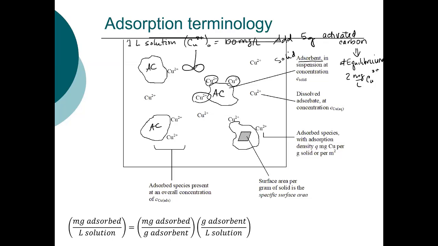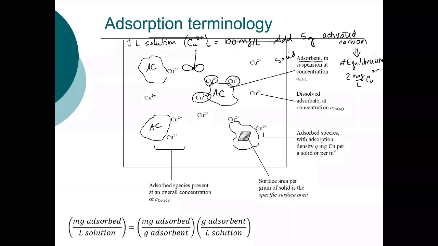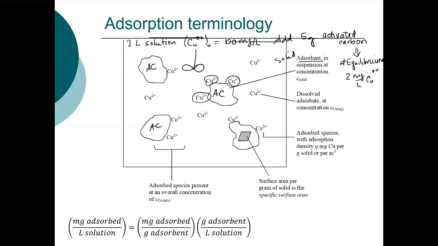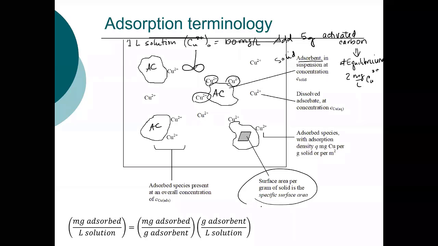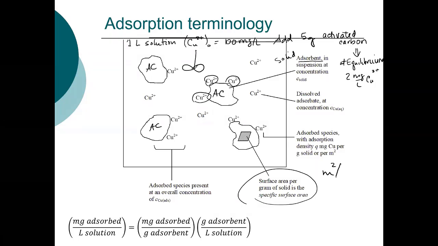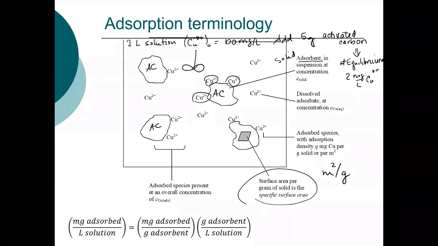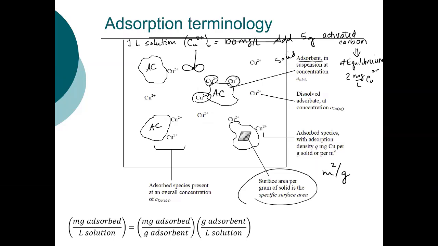The adsorbate is the chemical that is being sorbed. So in this case, it's copper. We also talk about a specific surface area. And the specific surface area, for instance, is meters squared per gram of solid. So it's the surface area of the solid surface. And we'll talk more about the importance of that.